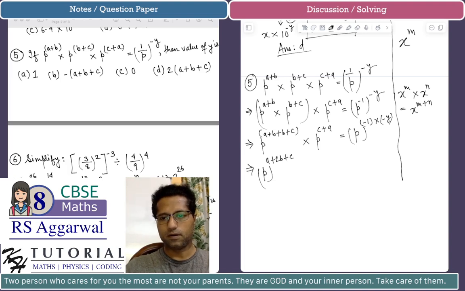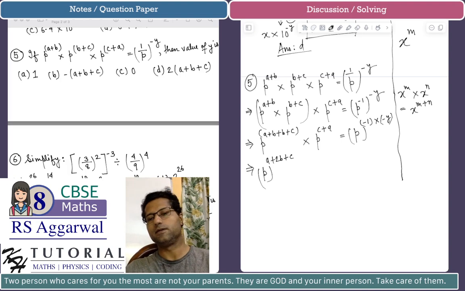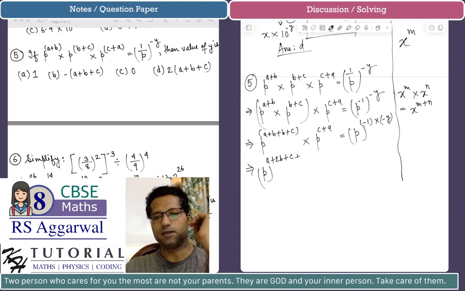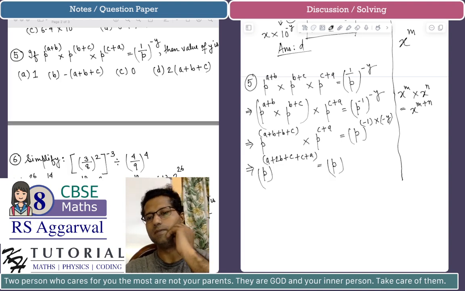And now we have the second exponential term, p raised to the power c plus a. So we will add c plus a. And on the right hand side we get p raised to the power minus 1 multiplied by minus y, which is y.